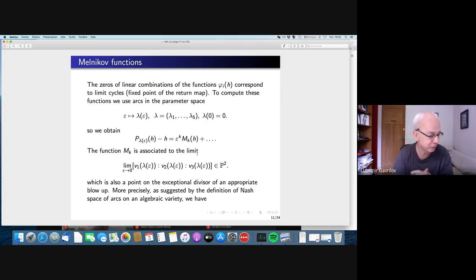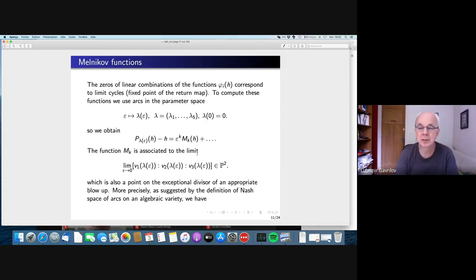It was introduced by Nash, this way of studying singularities of algebraic varieties without doing desingularization in the sense of Hironaka. So it is a little bit in the spirit of Nash. We shall take arcs. And what do you obtain when you take arcs?